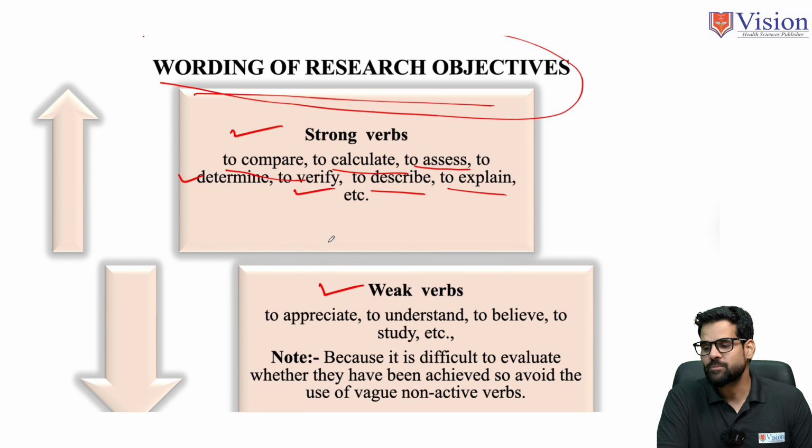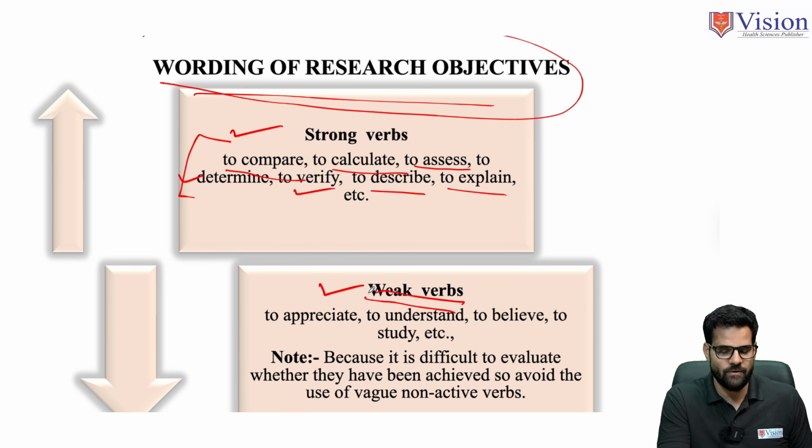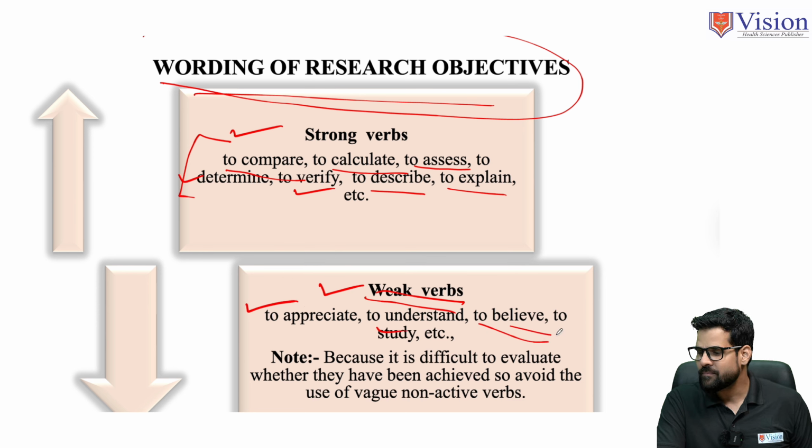So whenever you frame your objective, it should have these kinds of verbs. Whereas the verbs that you need to avoid are like to appreciate, to understand, to believe, to study. All of these are verbs you need to avoid because it is difficult to evaluate whether they have been achieved. So please avoid these kinds of verbs.